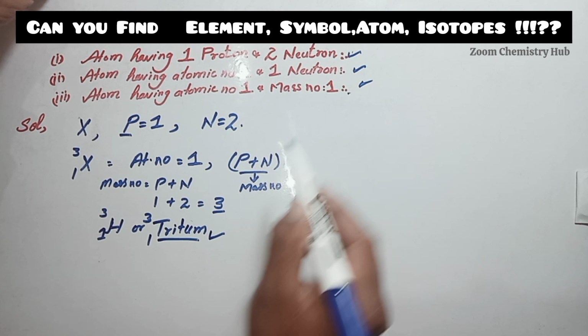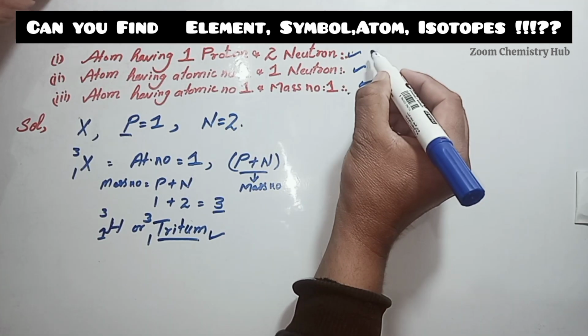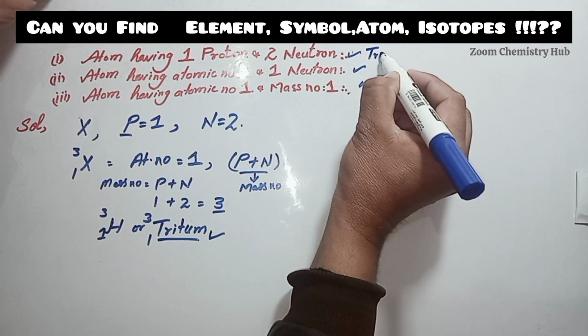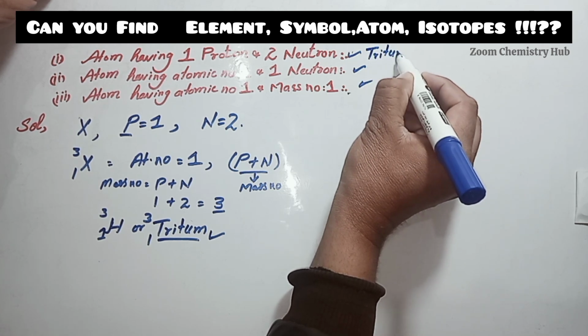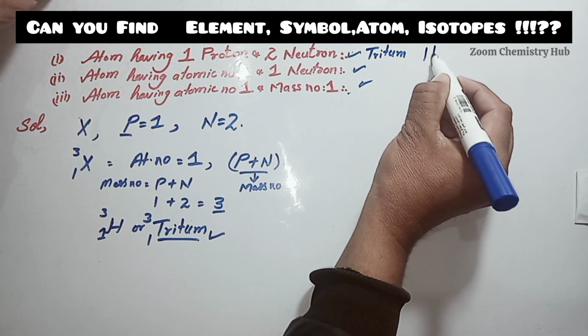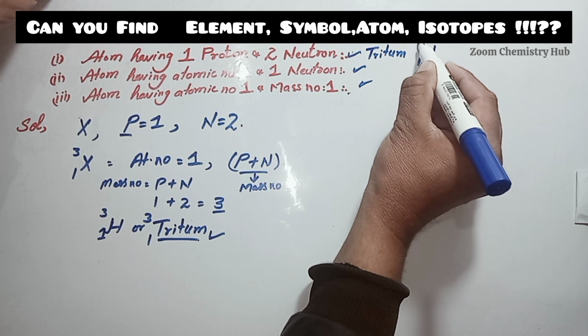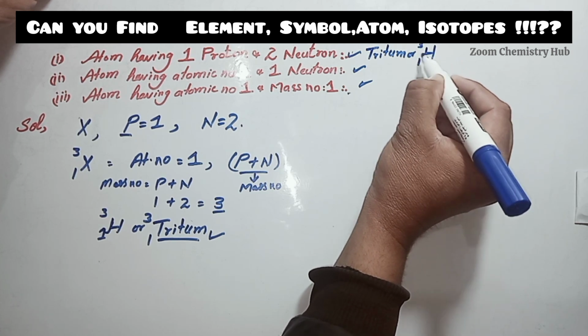So the answer of the first part is tritium, and we can write it with atomic number 1 and mass number 3.